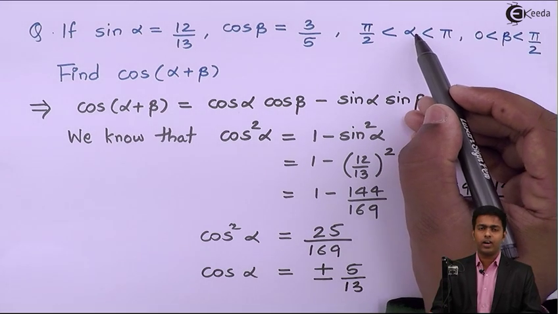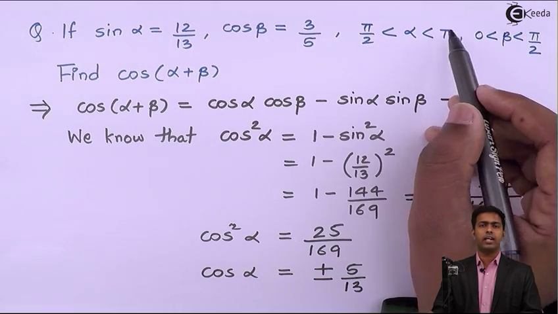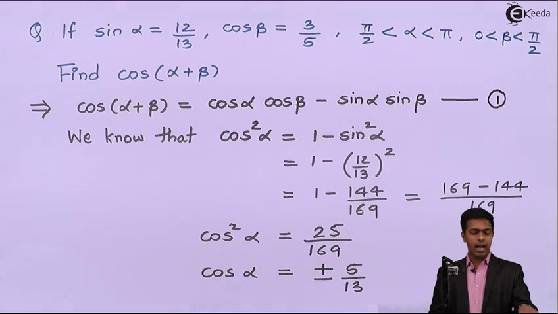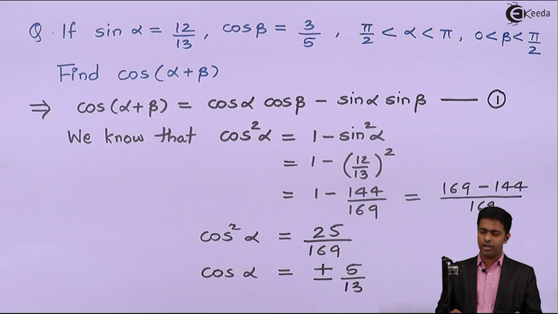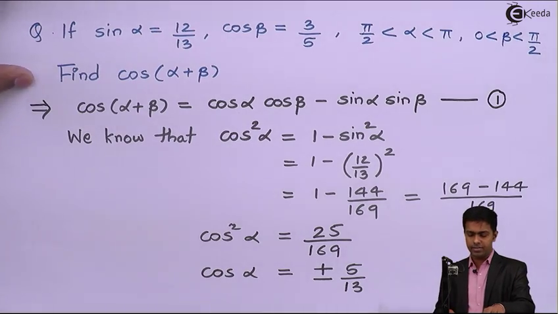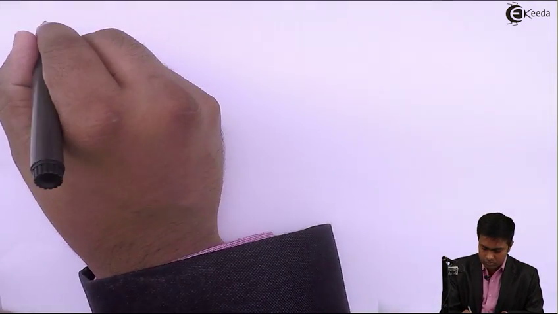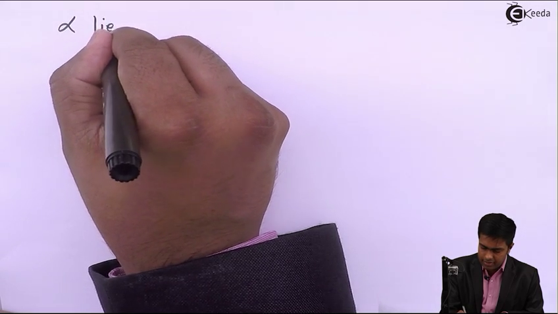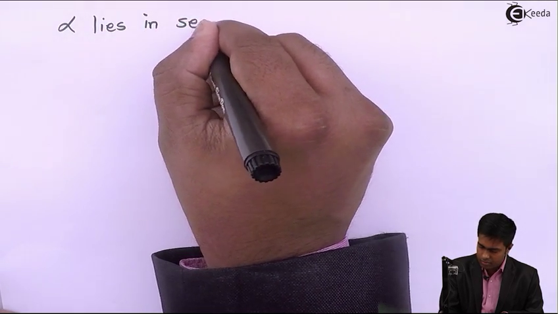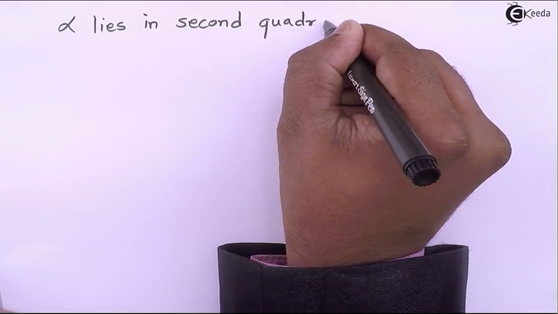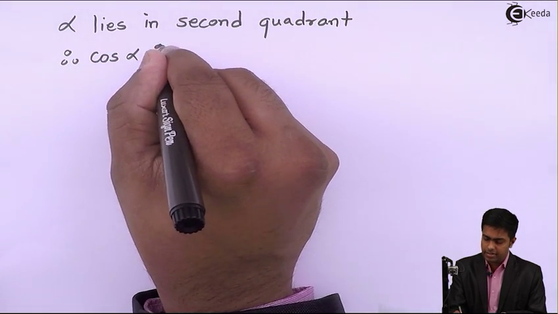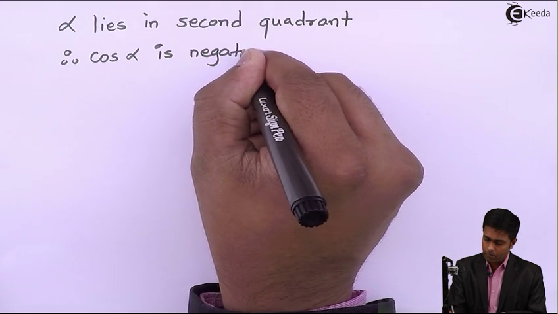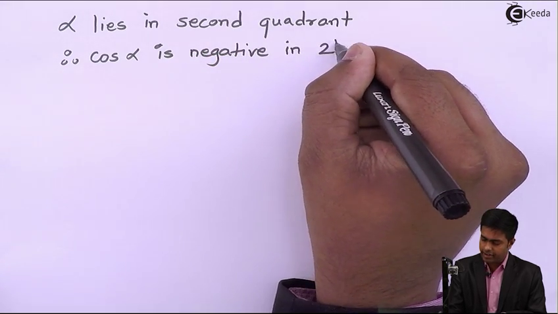If you see alpha, then alpha lies in the second quadrant, that is between pi by 2 to pi, and we have seen in the quadrant system that in the second quadrant sine and cosec are positive. So here I'll write alpha lies in the second quadrant, and therefore cos of alpha is negative in the second quadrant.